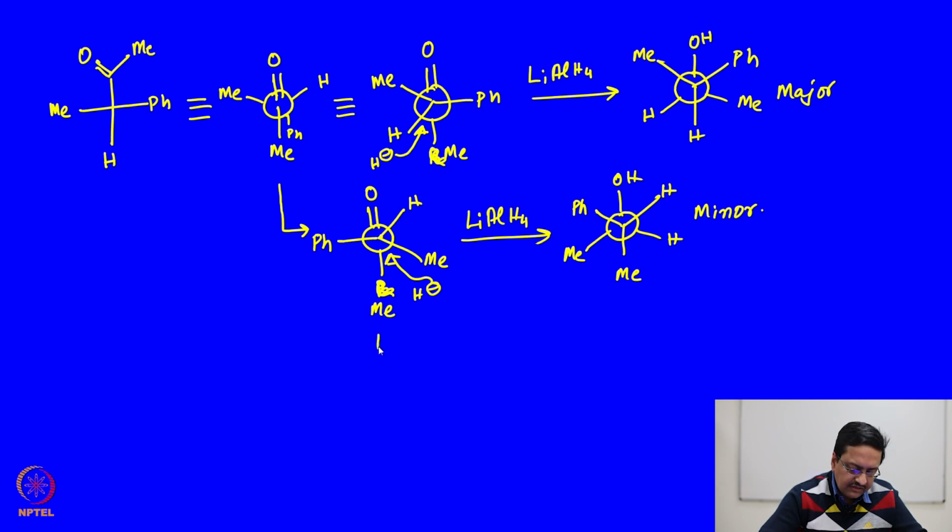So, this will be the transition state 2 and this will be the transition state 1. So, based on the transition state, one can predict which enantiomer will be, rather which diastereomer will be formed in excess compared to the other one.